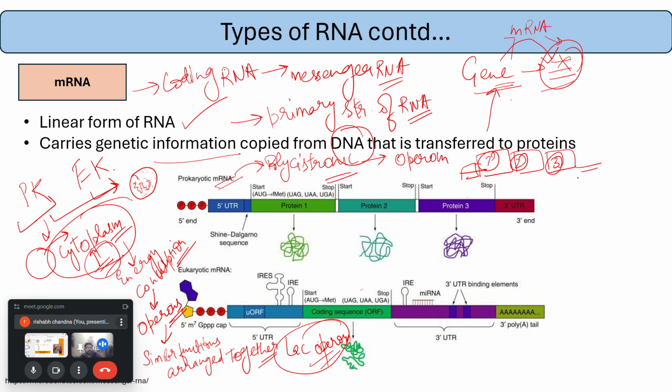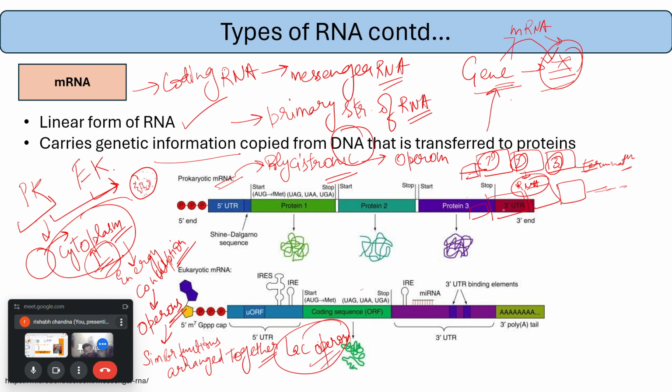Then this is the termination point. Now, when this RNA is formed, it will also have a common promoter like this, and for gene 1, one RNA, gene 2, two RNA, and gene 3 followed by the termination codon.